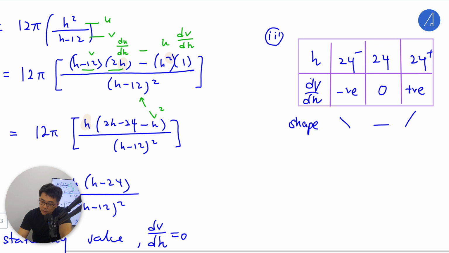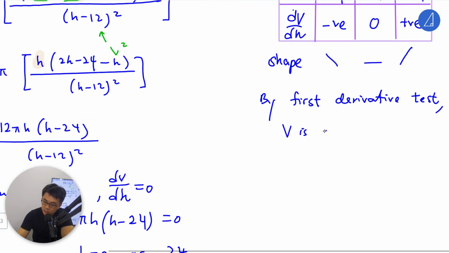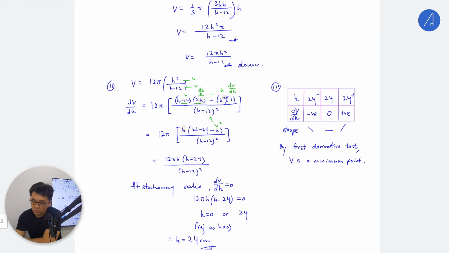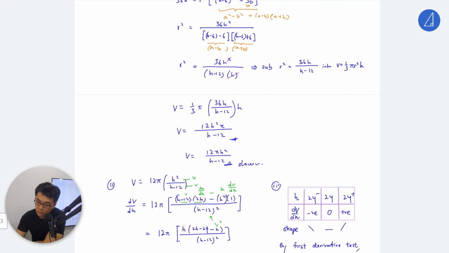So hence by first derivative test, V is a minimum point. What did they ask? They say it's a stationary value.